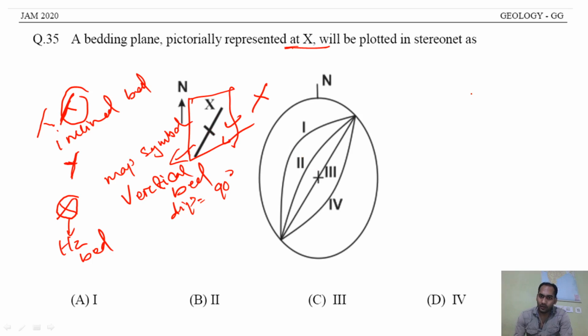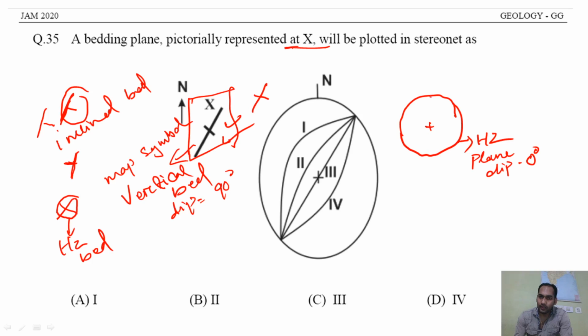Okay, so let me go to the stereonet again. This is the stereonet. The outer circle is horizontal. Horizontal means it is representing a plane which is having a dip of 0 degree, right?